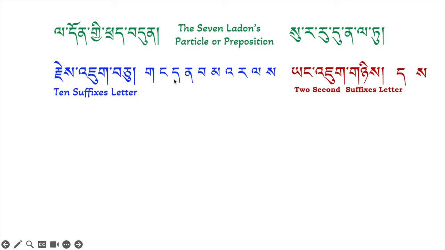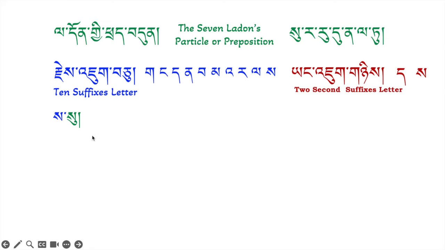There are 10: ka, nga, ta, na, pa, ma, a, ra, la, sa. So for example, if I'm going to use a Ladin particle after the suffix sa, the particle is always su, only this one. You cannot use ra, ru, du, na, tu. But you can use la. La is the boss.